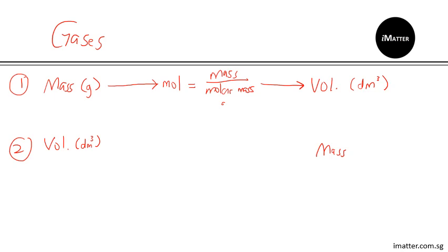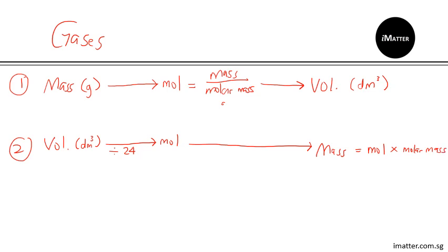And since 24 dm cubed makes up 1 mole, find out the number of moles of the gas by dividing by 24. And once you have the number of moles of the gas, find out the mass using the earlier formula, number of moles times molar mass.